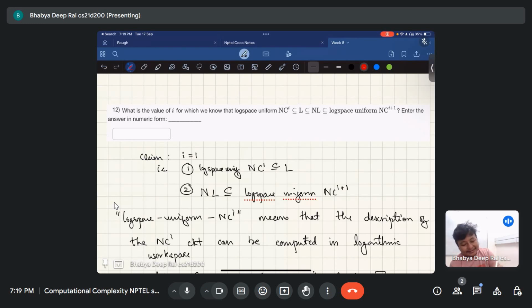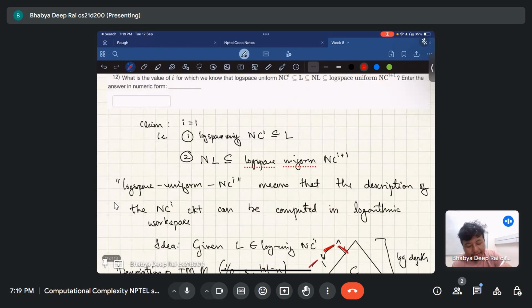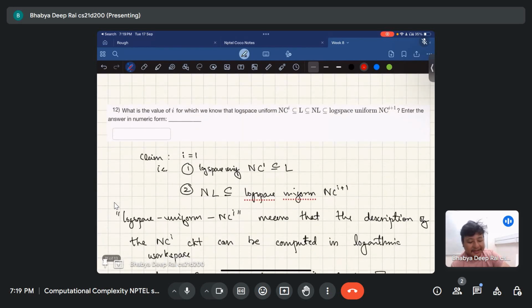Okay, the next thing is part 2: NL is contained in log space uniform NC^2, that is NC^(i+1). This is an interesting direction. Why is it interesting? Because before we were talking only about this NC AC hierarchy, where NC is contained in AC, is contained in NC, and so on.